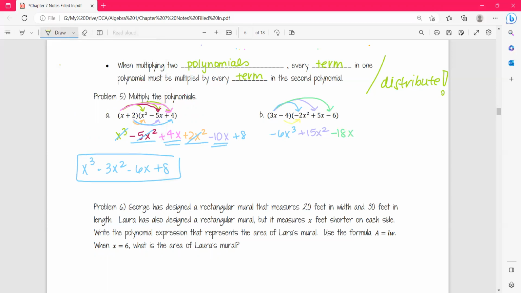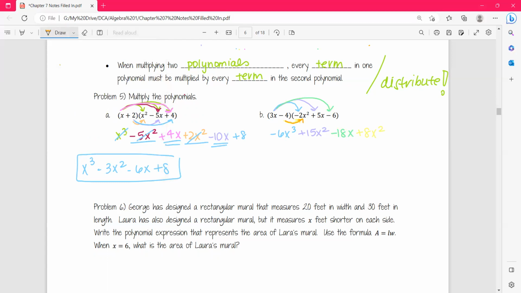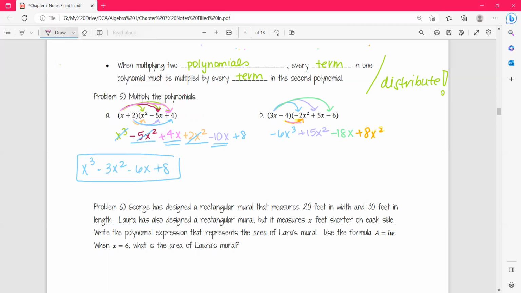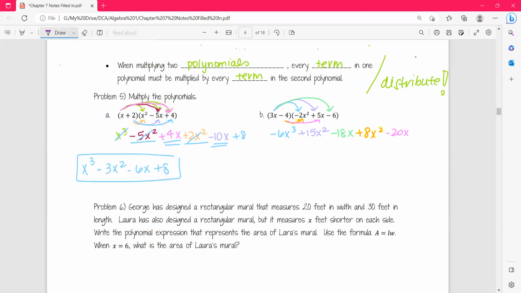Negative 4 times negative 2x squared is positive 8x squared. That's really hard to see. Let's do that again. Negative 4 times negative 2x squared is a positive 8x squared. Negative 4 times 5x is negative 20x. And negative 4 times negative 6 is a positive 24.